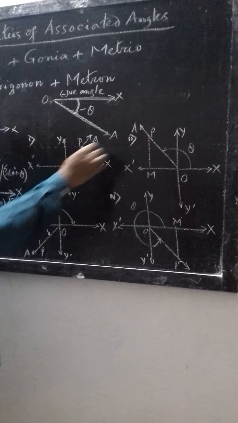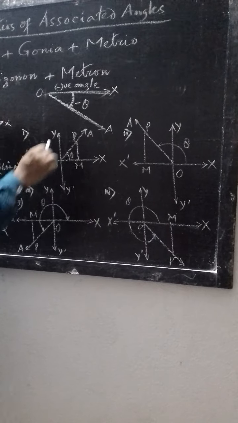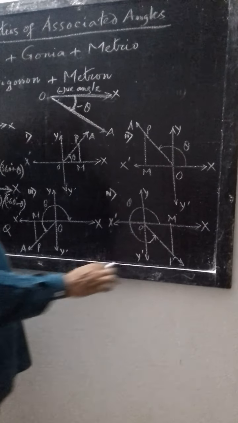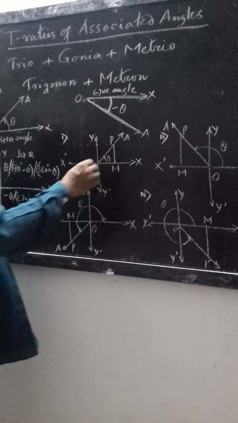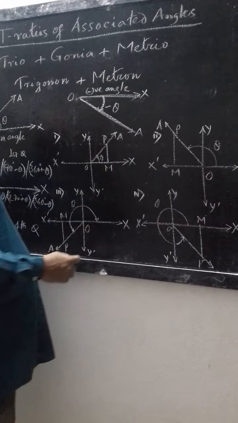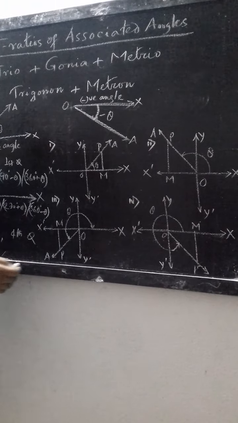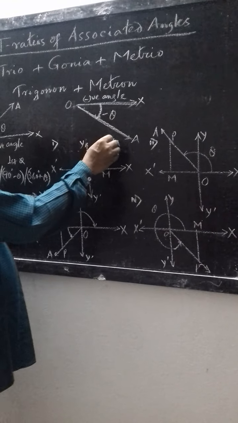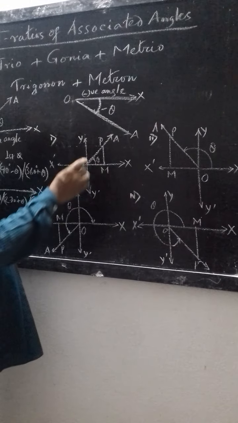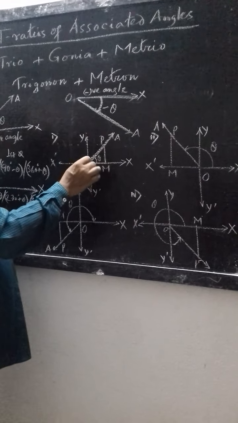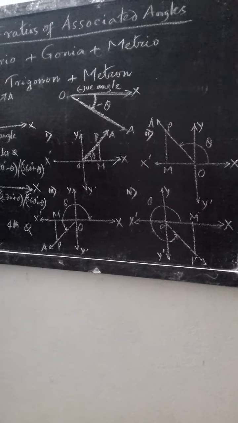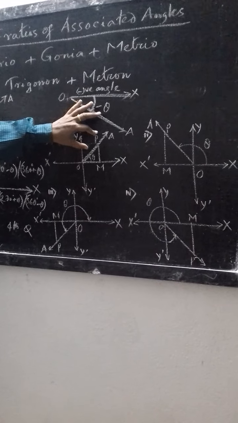Now look at these figures. Number 1, number 2, number 3, number 4, with x axis and y axis. The line OX rotated through an angle theta. In the first figure, the initial line goes to the position OA and it lies in the first quadrant.